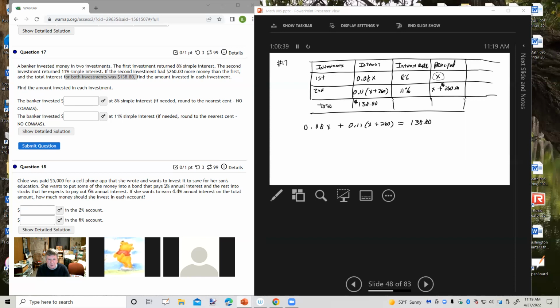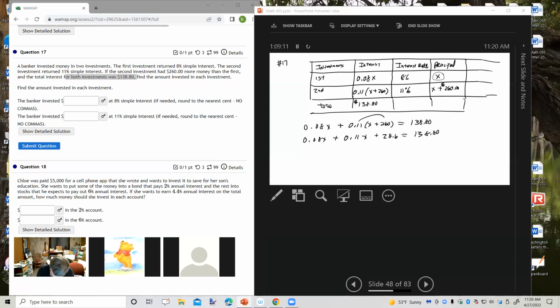Okay, and everything's in dollars here. So we've got 0.08x plus 0.11x plus 260 times 11. Oh, not 260 times 11. 260 times 0.11 equals 138.80.